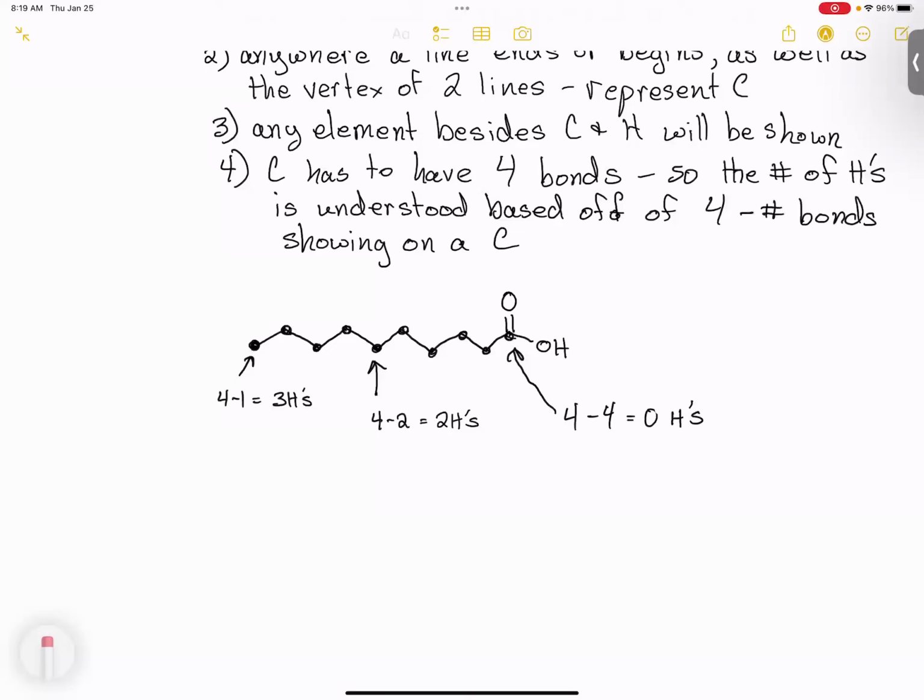We would have to use darkened wedges to tell us that something is coming towards you, or dashed wedges to say that it is going away from you, or straight lines to represent that it's in the plane. I don't know how much of that you did in your previous class, but we would have to get into that in order for you to actually draw the structure to show me the shape.